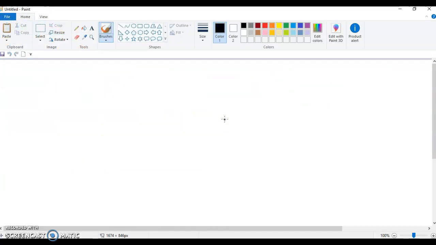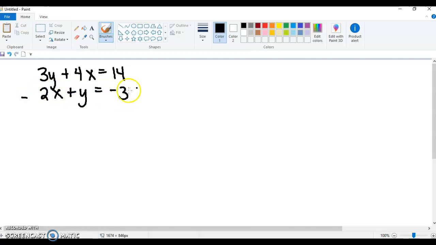All right, so on my next one, I have the equations 3y plus 4x equals 14, and then I have negative 2x plus y equals negative 3. So let me call this one equation A and equation B. What I always like to do is find the one that has a coefficient of 1.